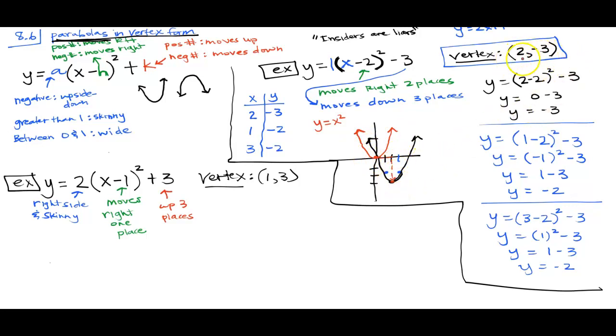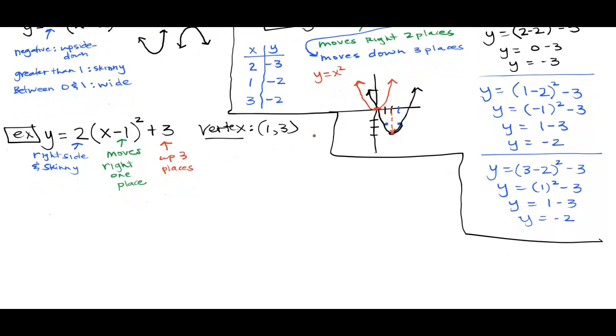That's what our vertex is telling us: how far from the origin, that 0, 0 point, it is. That's what I'm talking about when I talk about these different things here: how is it different from this y equals x squared graph?